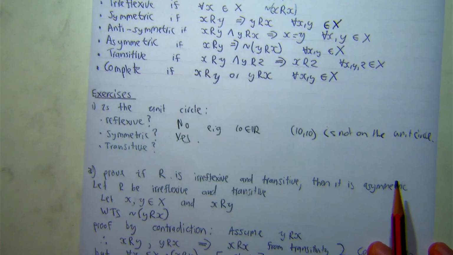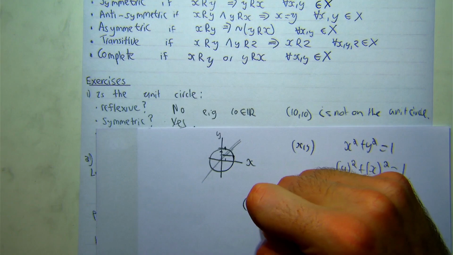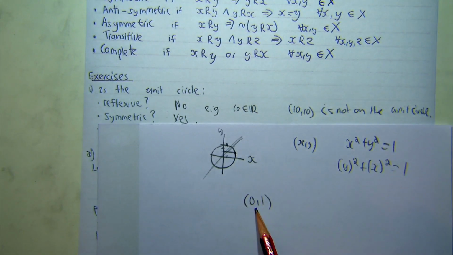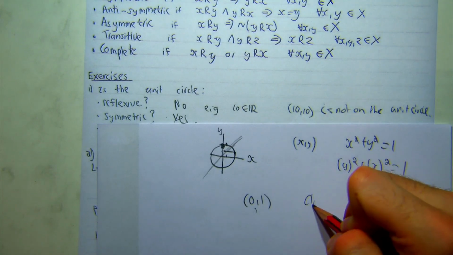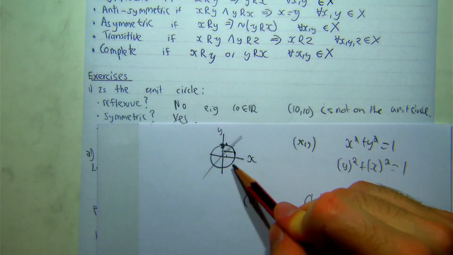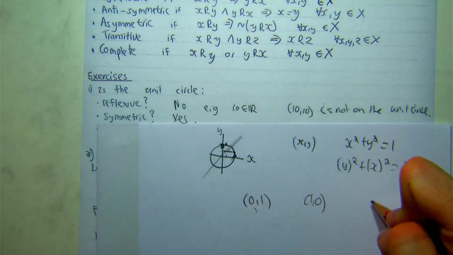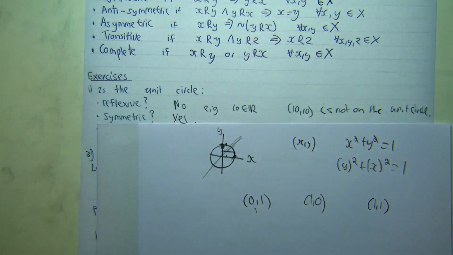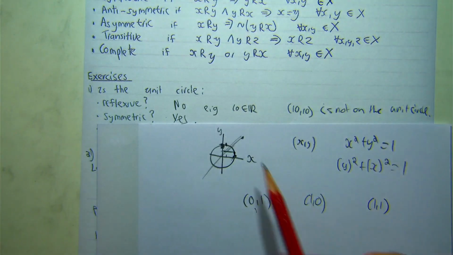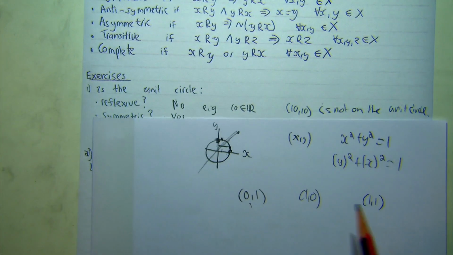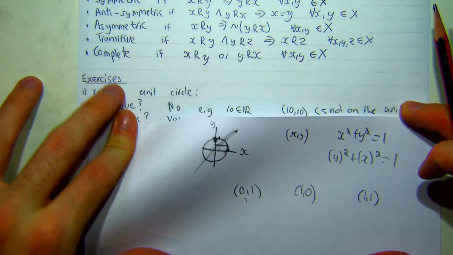Transitive. Okay, is it transitive? Let's think about that one. (0, 1) will be this point up here. (1, 0) will be this point here. And then transitivity would create (1, 1), which is over here, and (1, 1) is not on the unit circle. It's got too long of a hypotenuse from the origin.